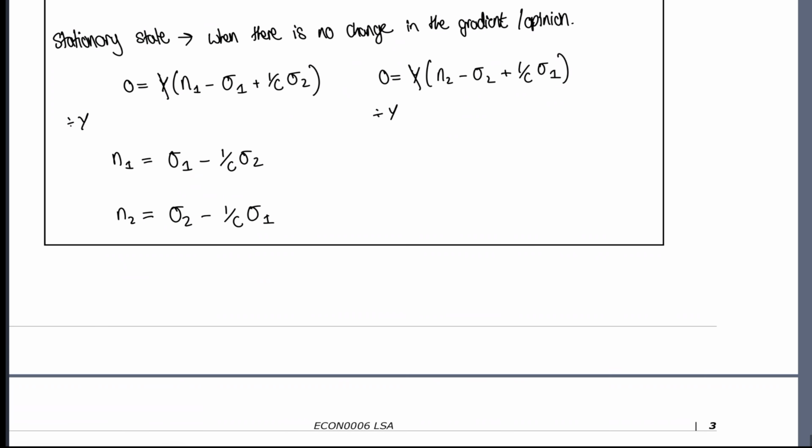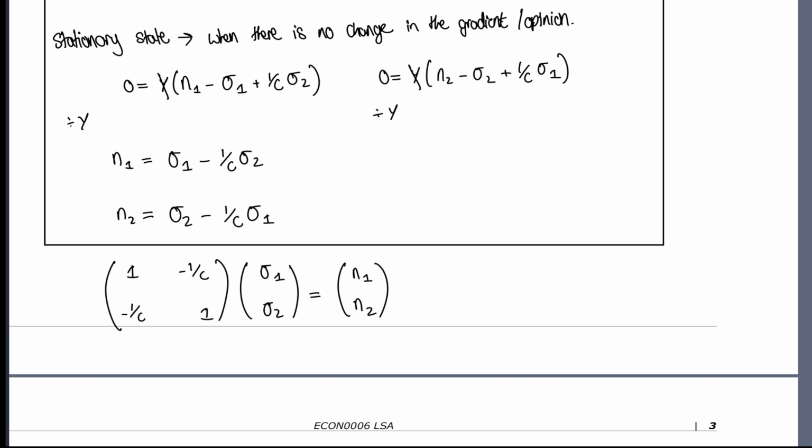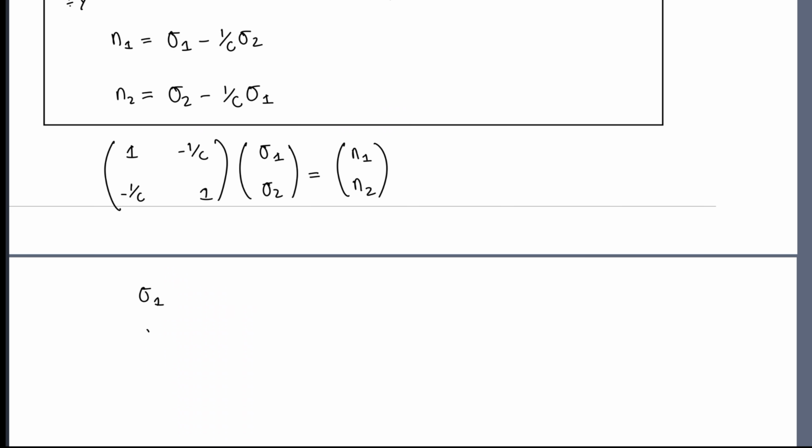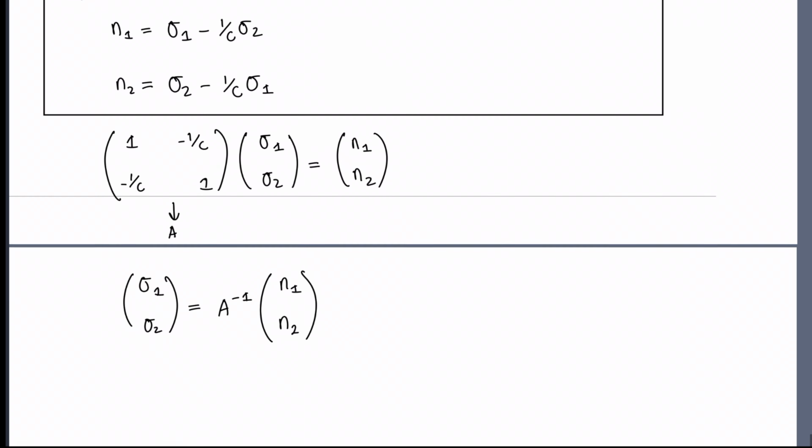If we were to use matrices, we would have the matrix with rows 1, minus 1 over c and minus 1 over c, 1, times sigma 1, sigma 2, equal to eta 1, eta 2, and we would then proceed by finding the inverse of this matrix, which I'm going to call A, and multiplying that by eta 1 and eta 2. I'm going to just choose to solve these simultaneously.